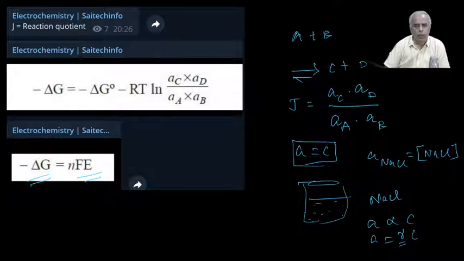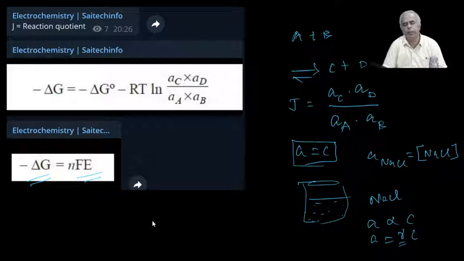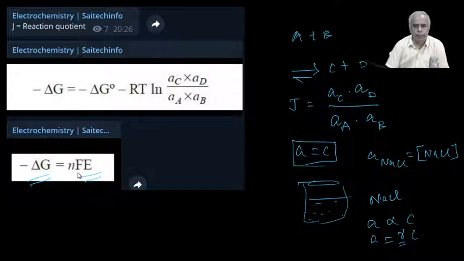Therefore, minus delta G is equal to nFE, where n is the number of electrons transferred during the electrochemical reaction, F is the Faraday, and E is the electrode potential. In the case of a cell, it can be called the cell EMF. In fact, the Nernst equation is applicable for electrode potential as well as for cell EMF.